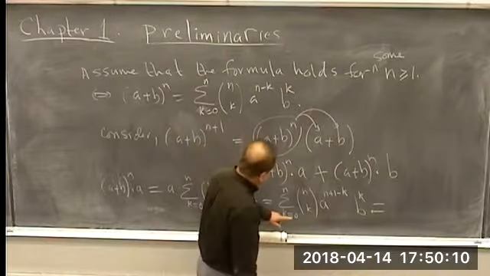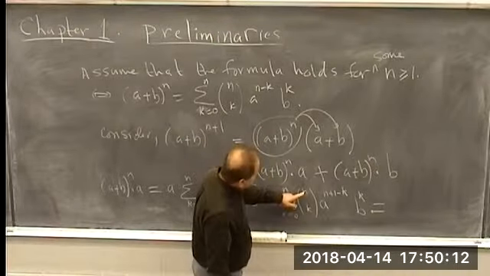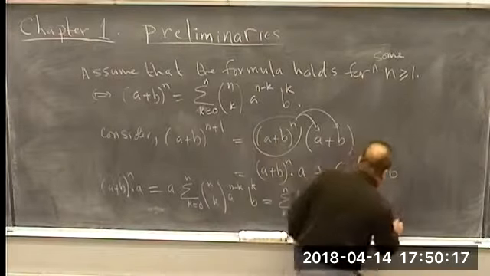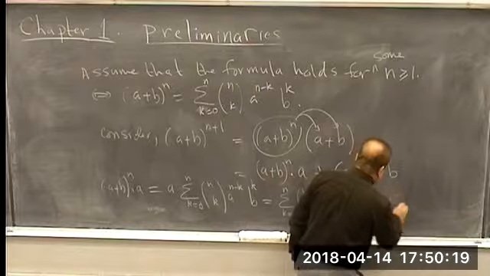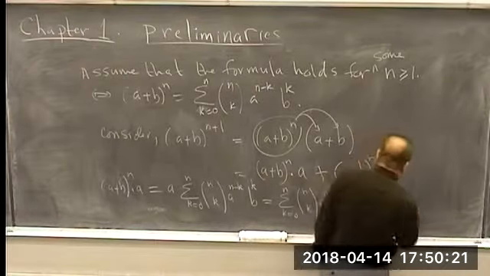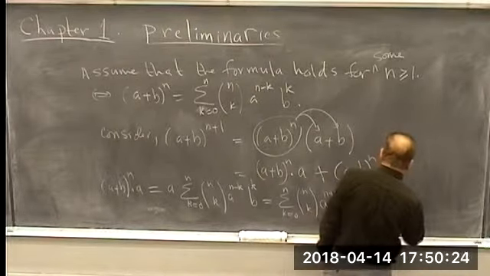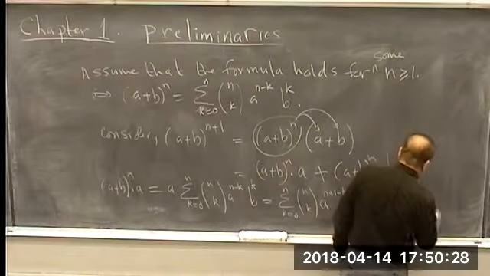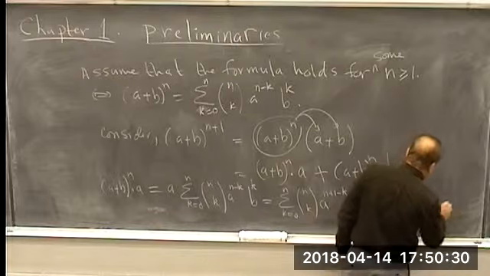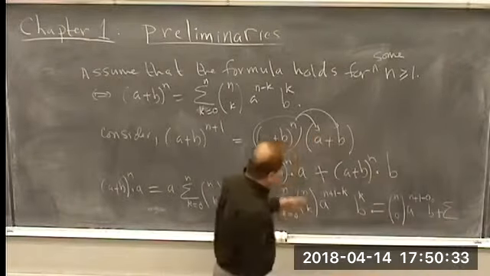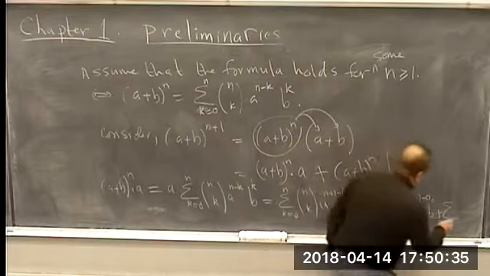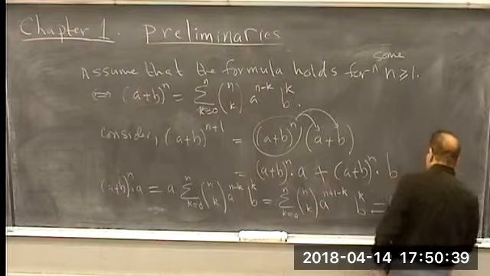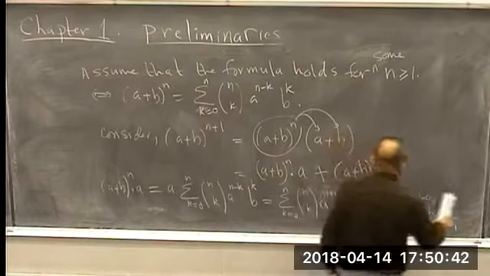So when k is equal to 0, we have n choose 0, that's equal to 1. Okay, let me actually put it in here. So this is n choose 0, and then we have a to the n plus 1 minus 0, then b to the 0, and then I'm going to continue from k equal 1 to n by the summation. And then this one is not going to change.